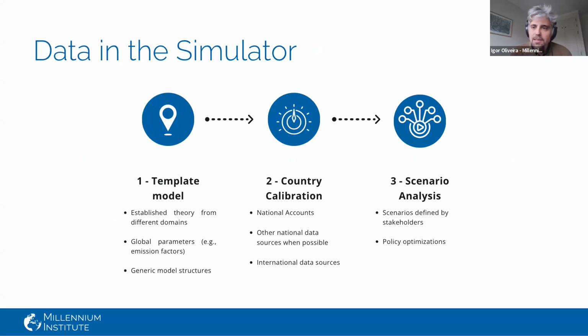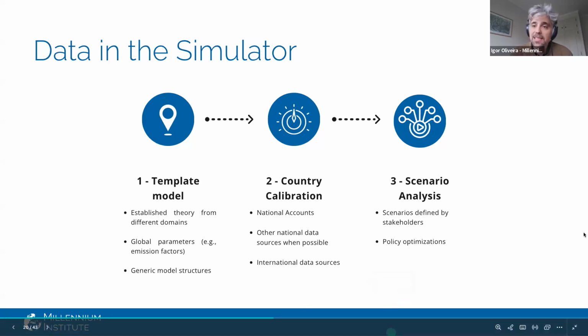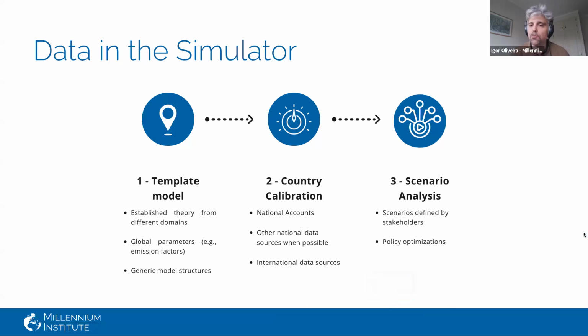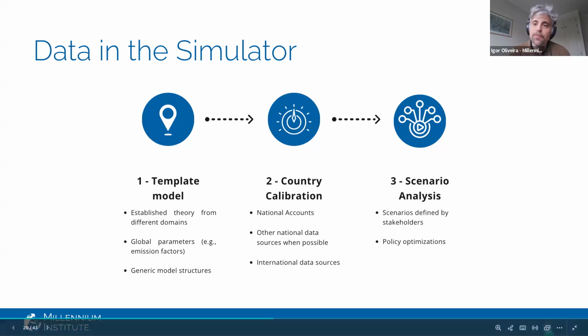We follow the system dynamics tradition, which is not, by definition, a data-driven type of modeling. It's a structure-driven type of modeling in the sense that we have the best possible representations of the world, and we do that by integrating established theory into our model. And that's what primarily generates the results.